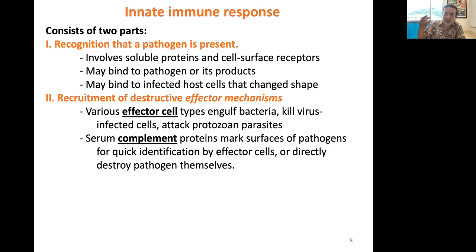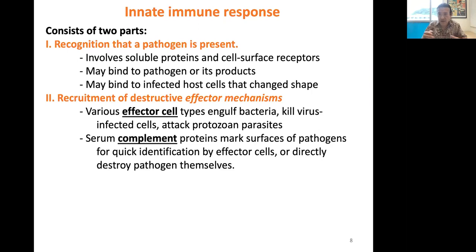And some of these proteins are actually bound to the surfaces of different types of cells and act as receptors to receive signals. These soluble proteins and receptors may bind directly to the pathogen surface, or they may bind to different products that are given off by something like a bacteria.